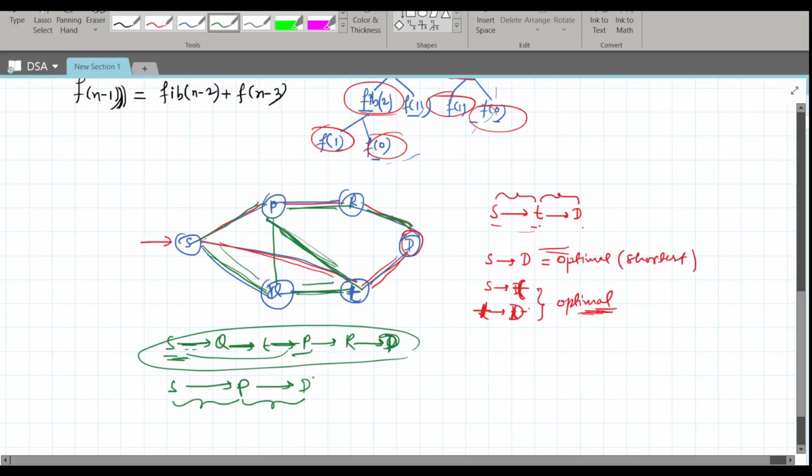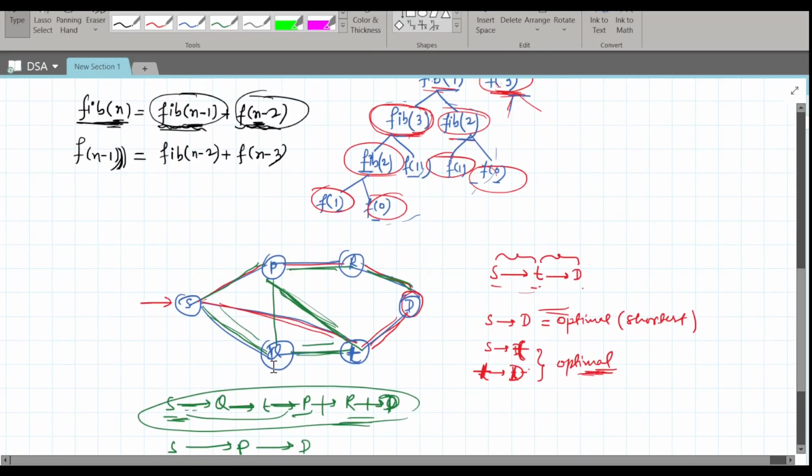But the longest path from P to D will be P to Q, then Q to T, then T to D, which consists of three edges, but in the original solution this consists of only two edges. So here our optimal substructure property has failed.